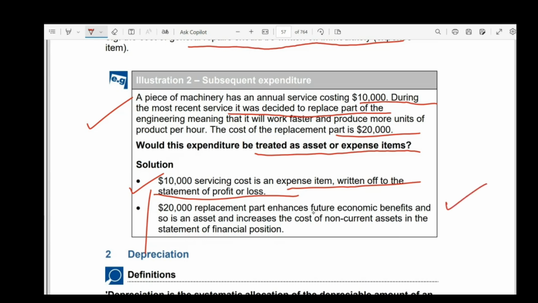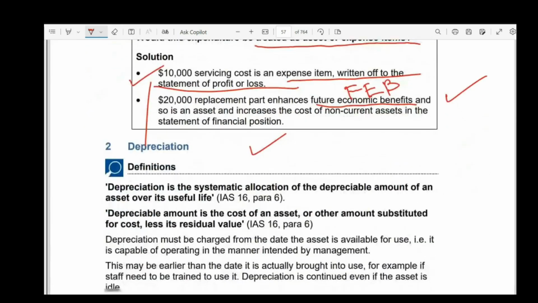It is also abbreviated as FEB. If you just remember this term, FEB, future economic benefit. If it fulfills the future economic benefit, then it is an asset, and it increases the cost of the non-current asset in the statement of financial position. So you are done. Okay, so the topic is clear.